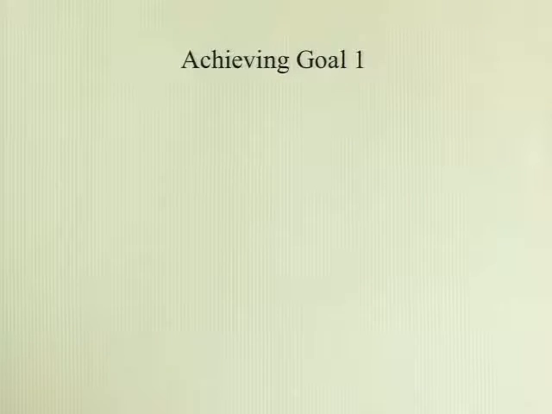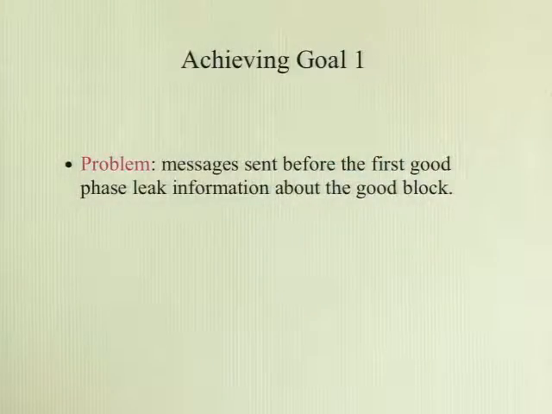Okay, so let's see how we can achieve the first goal here. If you think about it, the first goal is to have the two parties agree on a uniform random string at the first good block. The first good block already has entropy rate greater than half, but the messages sent before the first good phase may leak some information about the first good block. So it may not have entropy rate greater than half.